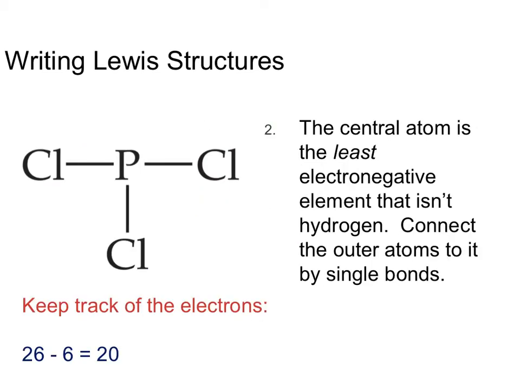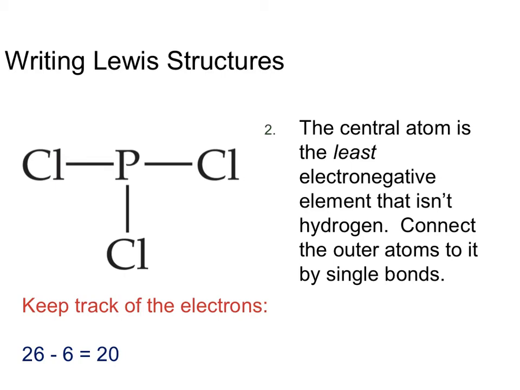Our next step is to place our least electronegative atom in the center, as long as that is not hydrogen, because remember, hydrogen always goes on the outside. But in this case, phosphorus is less electronegative, and so it's going to go in the middle, and we're going to place our 3 chlorine atoms arranged on the outside.